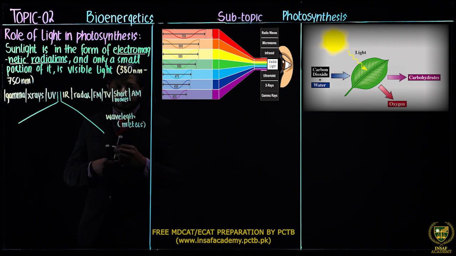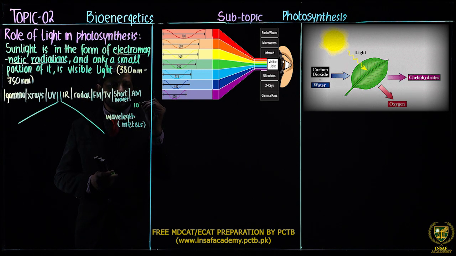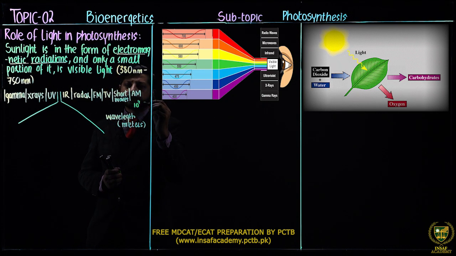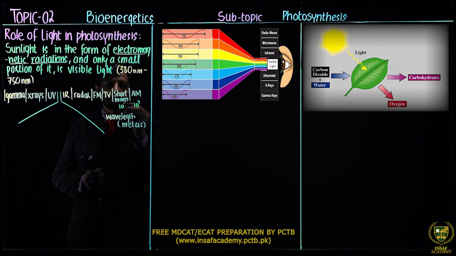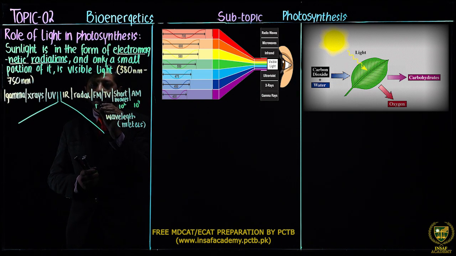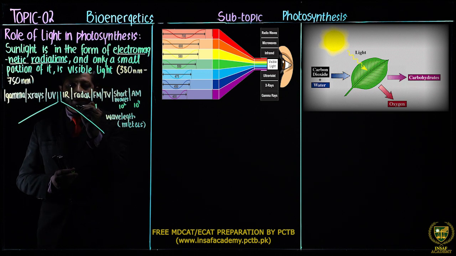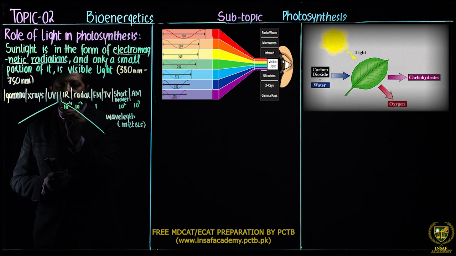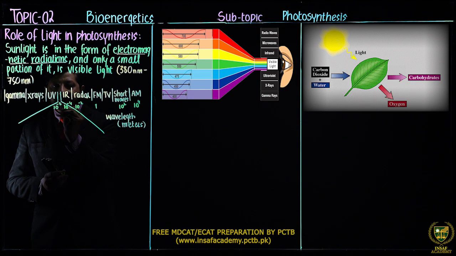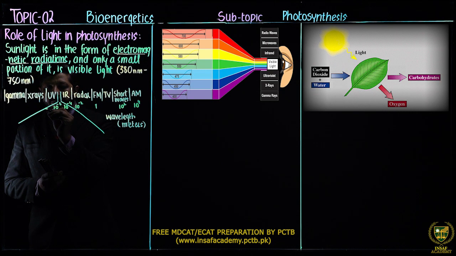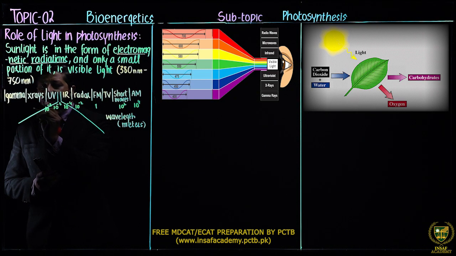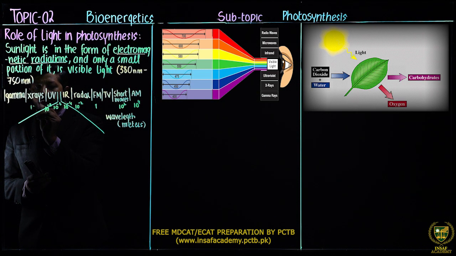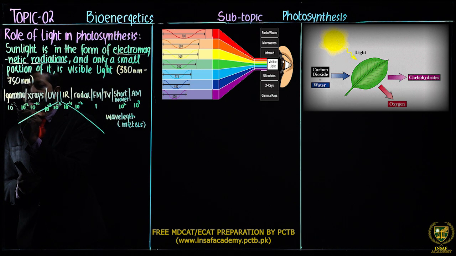So here is the FM, 10 raised to power 4, then 10 raised to power 2, then 1, then 10 raised to power minus 2, minus 4, minus 6, minus 8, minus 10, minus 12, minus 14.